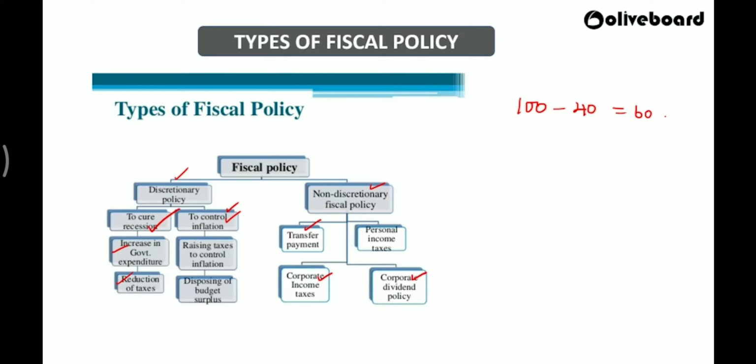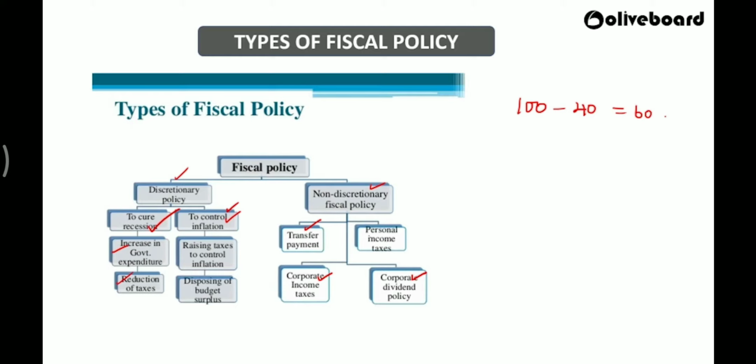This is the base, and when there is something needed, government will pitch in with what? Discretionary fiscal policy. Automatic stabilizers are there. Non-discretionary fiscal policies are there. Whenever there is a need, they wanted to raise a concern, point something out, or aim to do something. At that time, they will introduce what? Discretionary policy, along with which one?